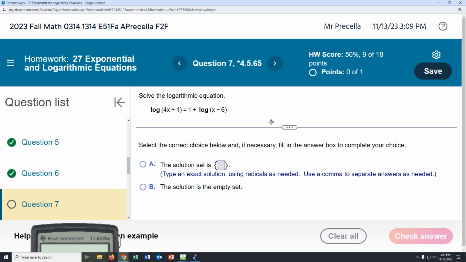Eventually we're going to have to turn this stuff into exponents. What number will we use as the base to cancel out that log notation? If it says log and there's no little number, what do we assume it is? 10. It's base 10, okay?